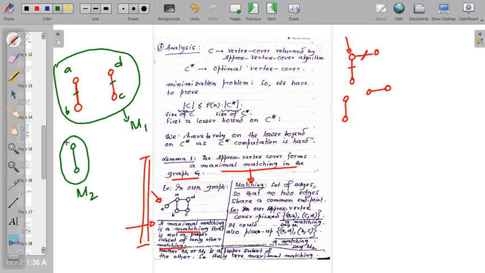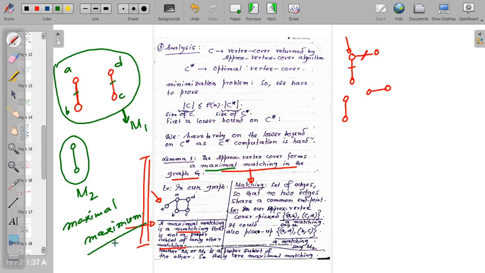Then M2 is not the maximal matching, but M1 is not a subset of any other matching. So that's why this M1 is a maximal matching. Now, remember this word, maximal, not maximum. What is the difference between maximal and maximum?